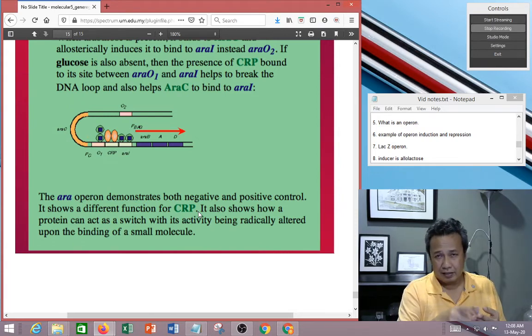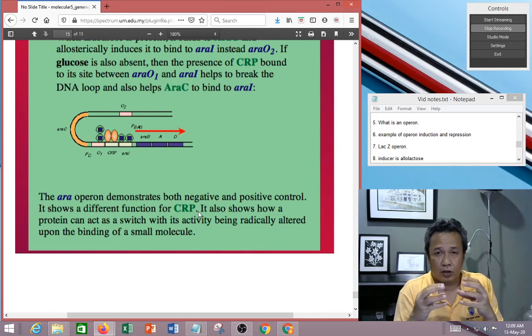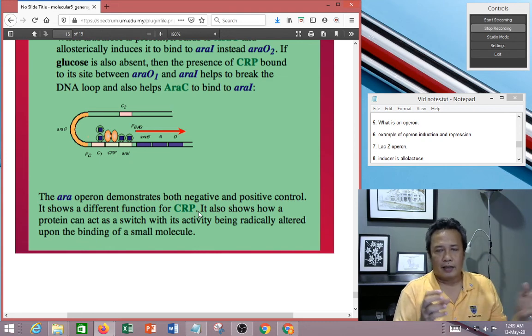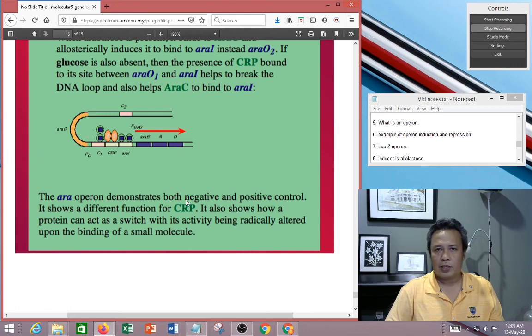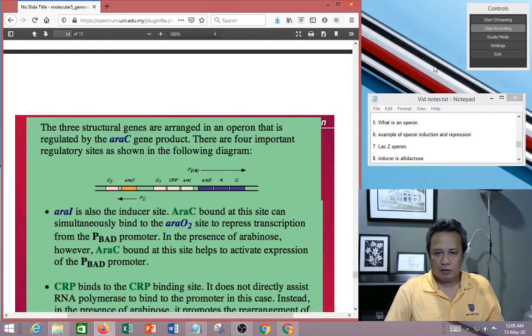And then you have this system where AraC, depending on the presence and absence of arabinose and also the absence and presence of glucose, has different allosteric conformations and different properties. It can either bind and produce a loop, or it can break a loop and bind to promote switching on the arabinose operon. All right, I think that marks the end of your operon lectures.